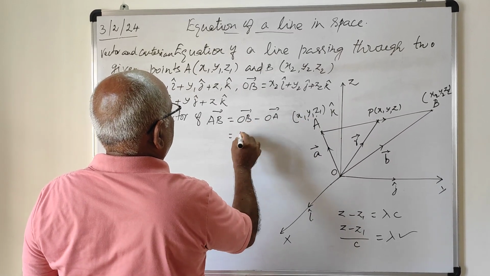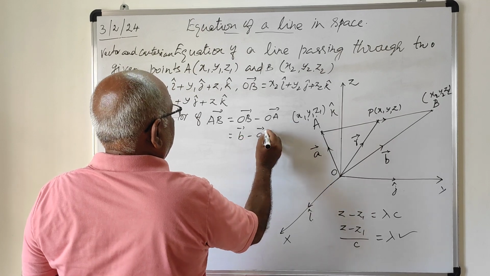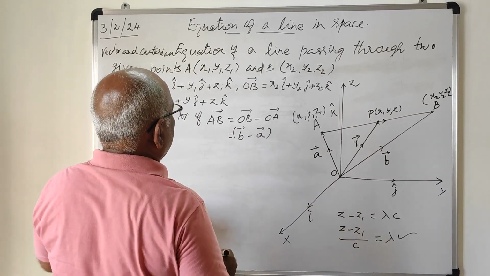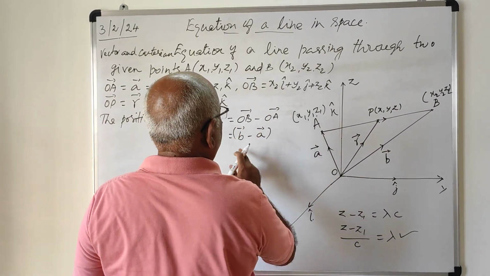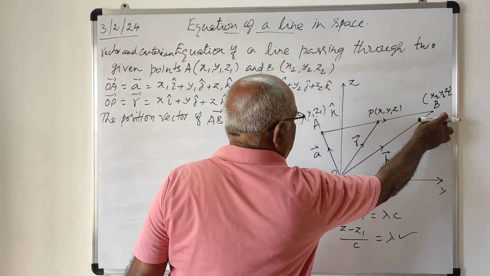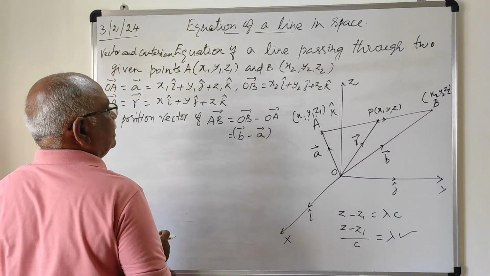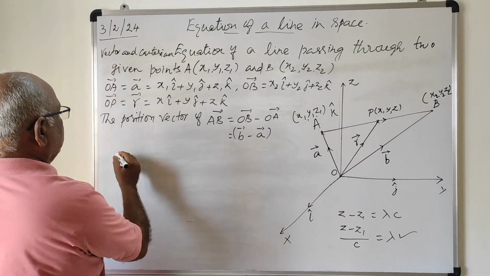OB is B vector, OA is A vector. So AB vector is B minus A. Now the vectors AB and AP are collinear because the points A, P, B are collinear.